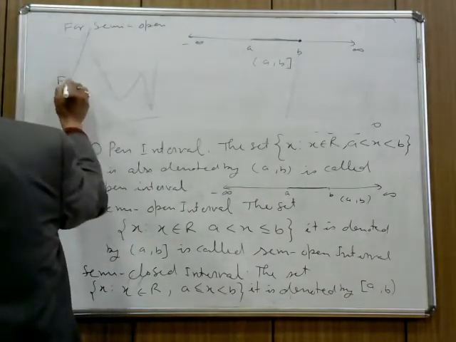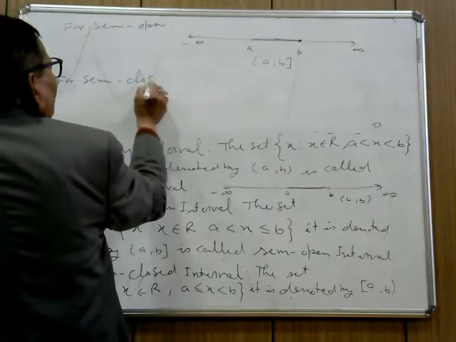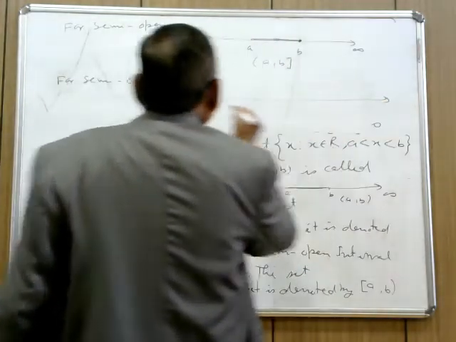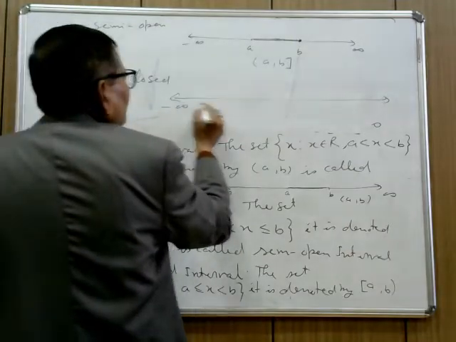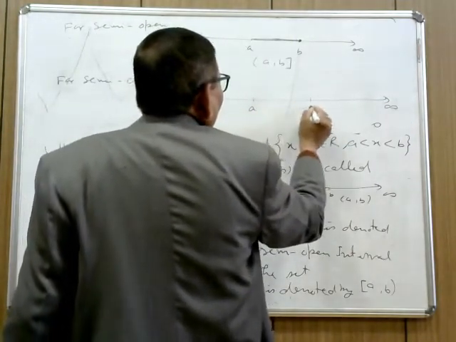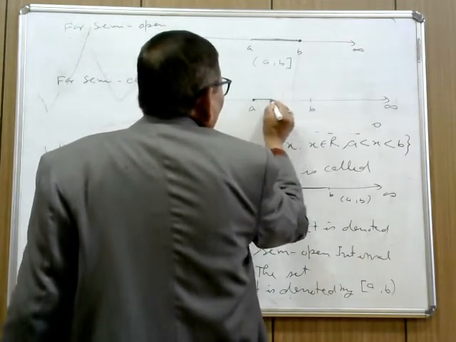For semi-closed, make a real line, minus infinity to infinity, mark A and B. A is included, B is excluded.